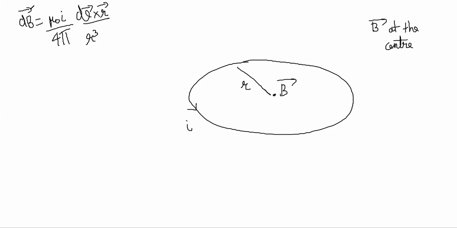If you remove the cross thing, then it becomes just dl r sine theta.